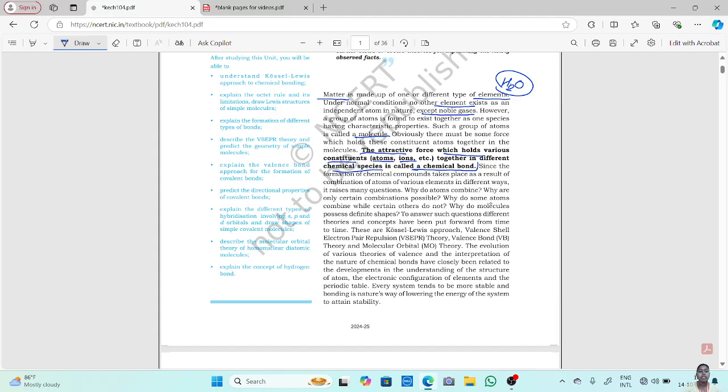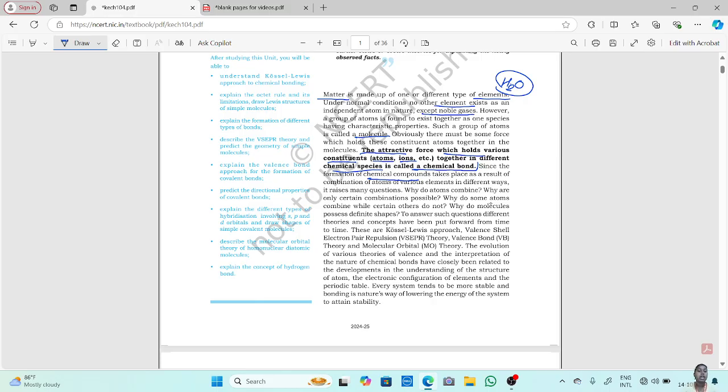The formation of chemical compounds takes place as a result of combination of various elements in different ways. So chemical compounds are formed by combination of various atoms of various elements in different ways.